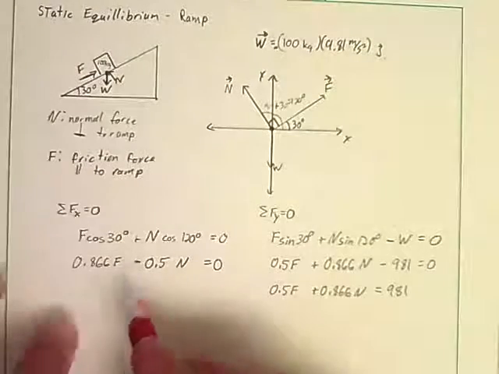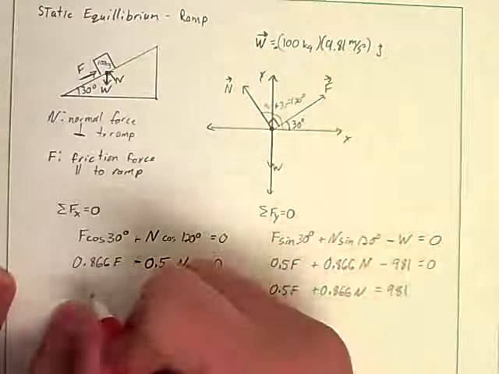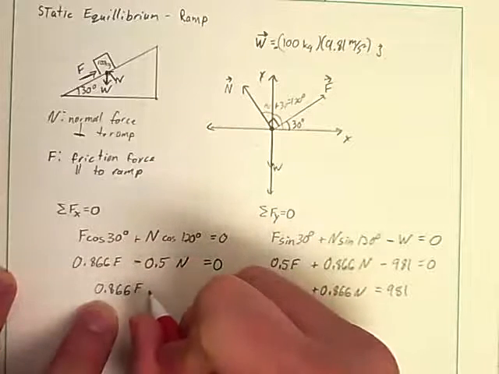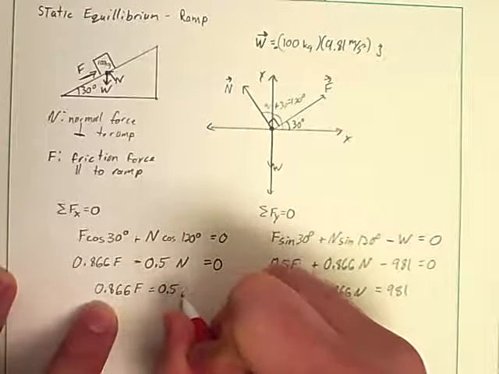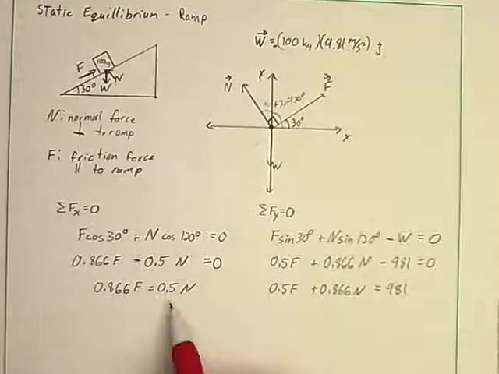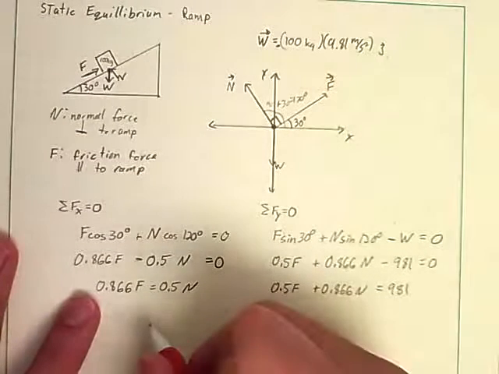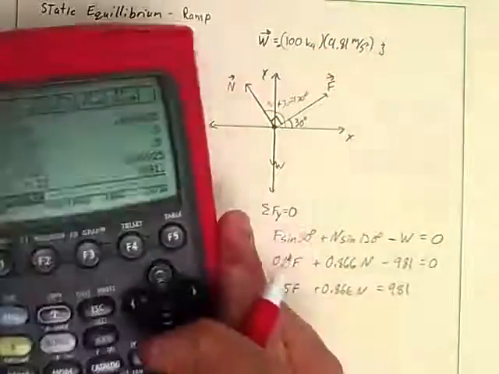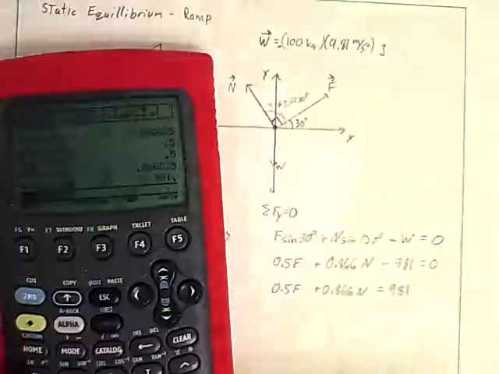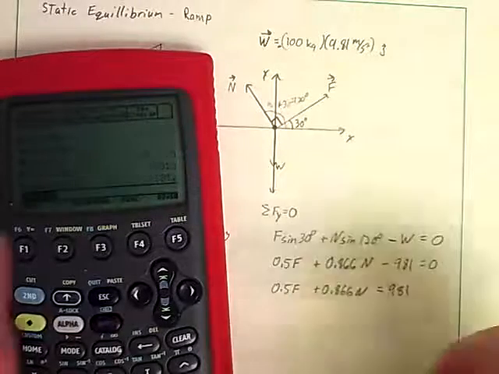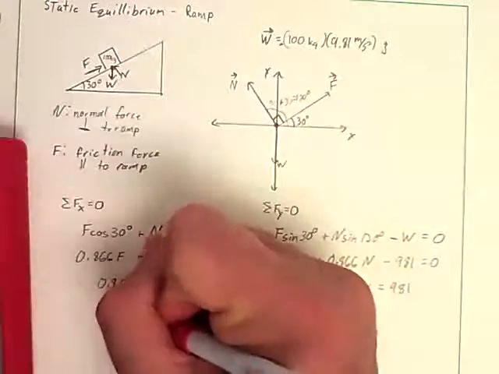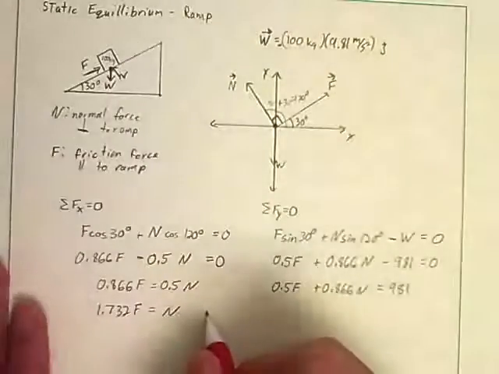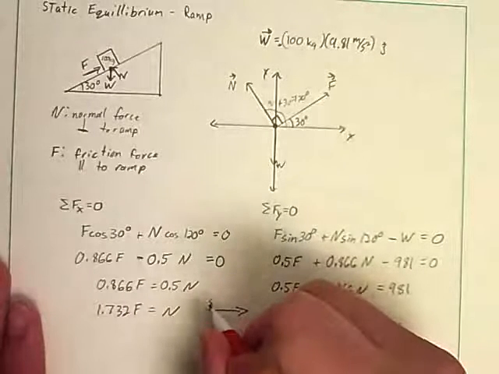So if we keep working with the sum of the forces in the x direction, we can rewrite that as 0.866 times F equals 0.5 times N. Because it's easier, I'm going to multiply both sides by 2 and say that N equals 0.866 times 2, 1.732 times F. Then I'm going to substitute that.